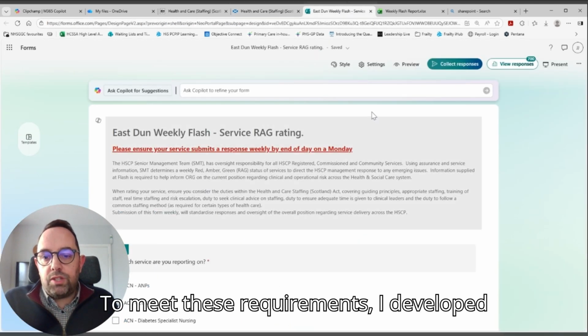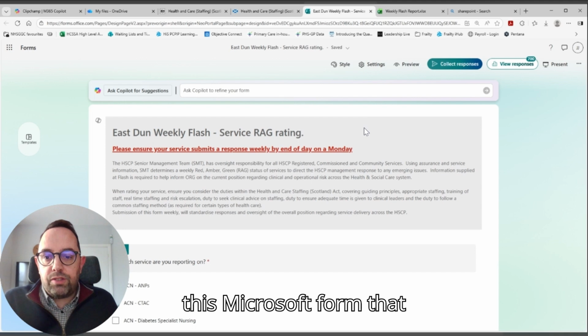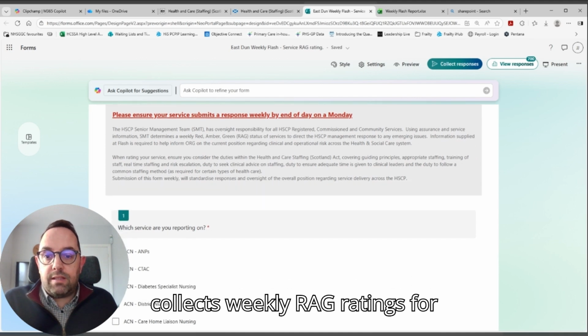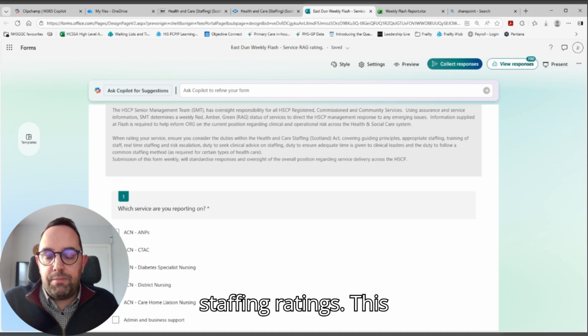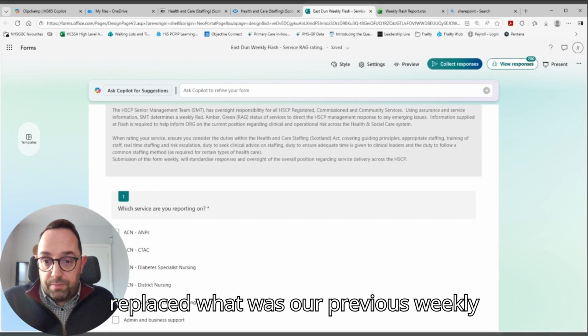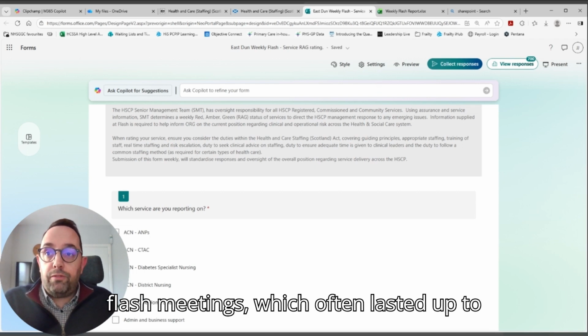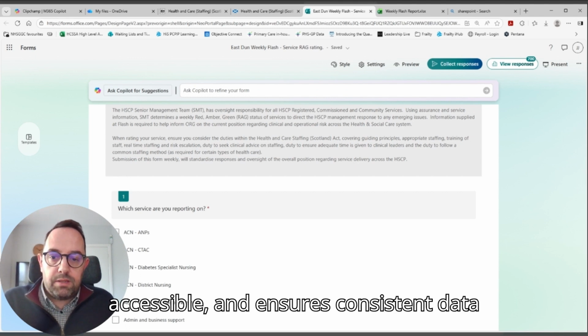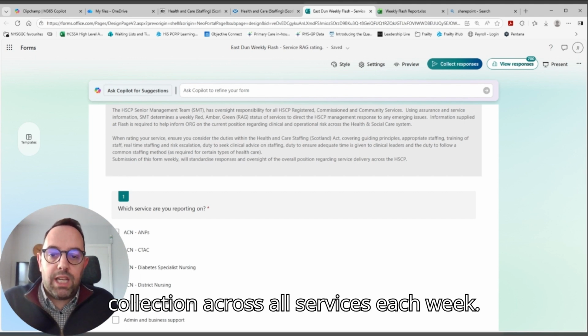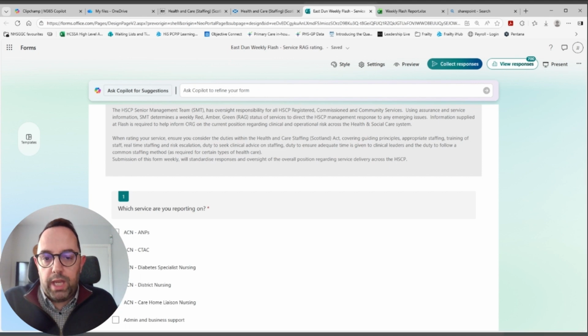To meet these requirements, I developed this Microsoft form that collects weekly RAGG ratings for both standard service and real-time staffing ratings. This replaced what was our previous weekly flash meetings, which often lasted up to 40 minutes. The form's quick, easily accessible, and ensures consistent data collection across all services each week.